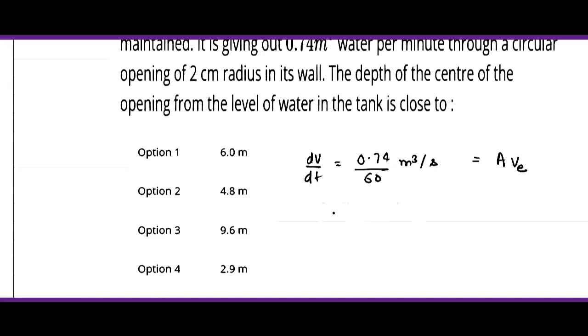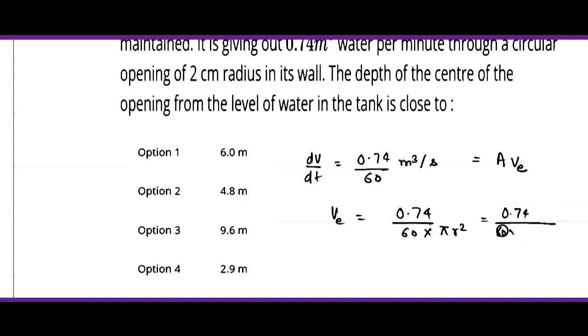So if I write down, it will be equal to 0.74 by 60, and area here I will write down, it will be pi r square. So you can just put the value of pi and r.